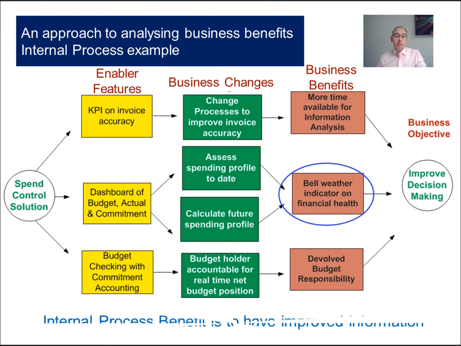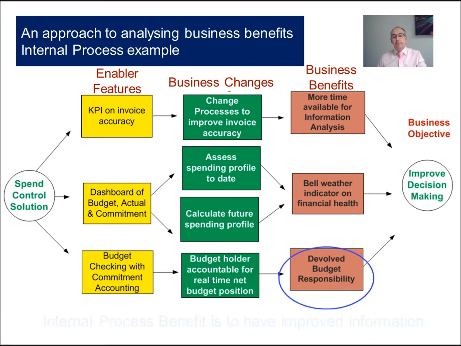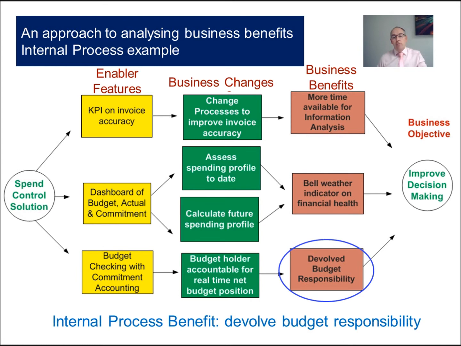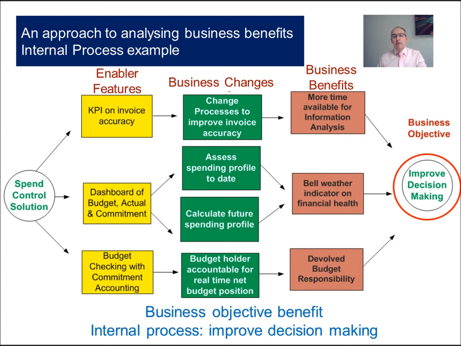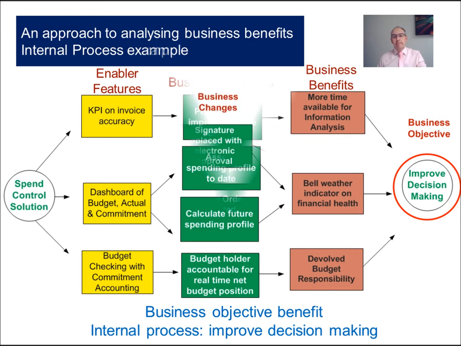The second internal process one was around having bellwether indicators to give us better financial information on the organisation's current position. The third one related to devolving budget responsibility. So we can see that in this chart we've got the 3 internal process benefits that we're going to deliver. The fourth one was linking through to our business objective, and that was around how do we improve the decision making of the business.